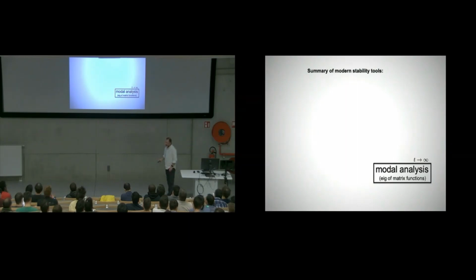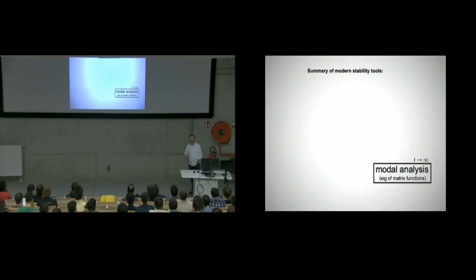Okay, so a little summary. What you probably learned in a hydrodynamic stability course, if you learned Orr-Sommerfeld equations and things like that, Rayleigh criterion, inflection points, and so on, this is modal analysis. That means we're looking at the eigenvalues of matrix functions. But you should remember that this is a T to infinity analysis. You have to judge whether that makes sense for your flow or not. Mostly it doesn't. The few cases where it does make sense or you get away with it are very, very rare.